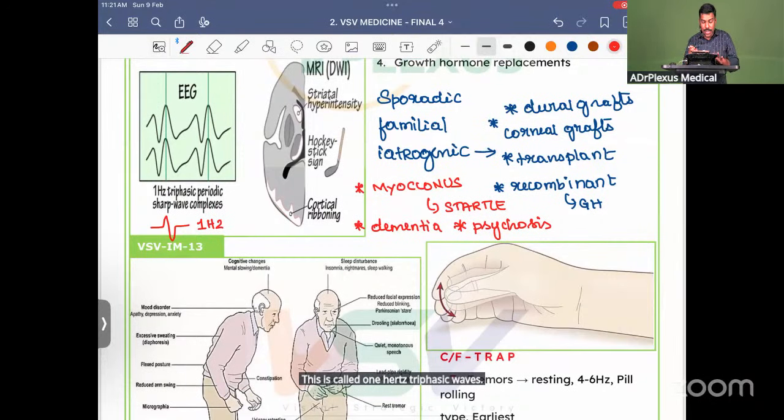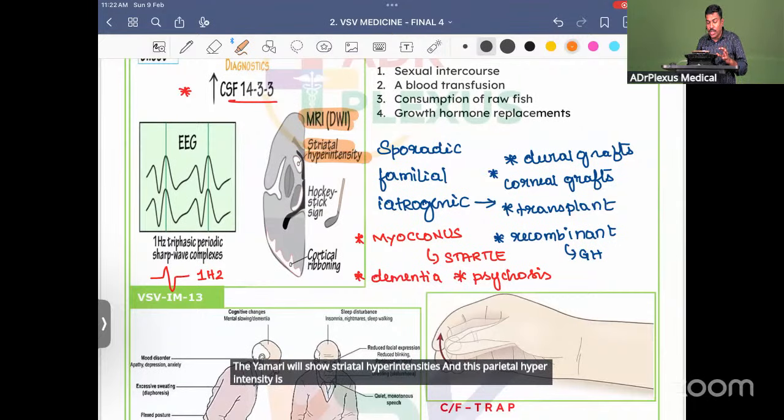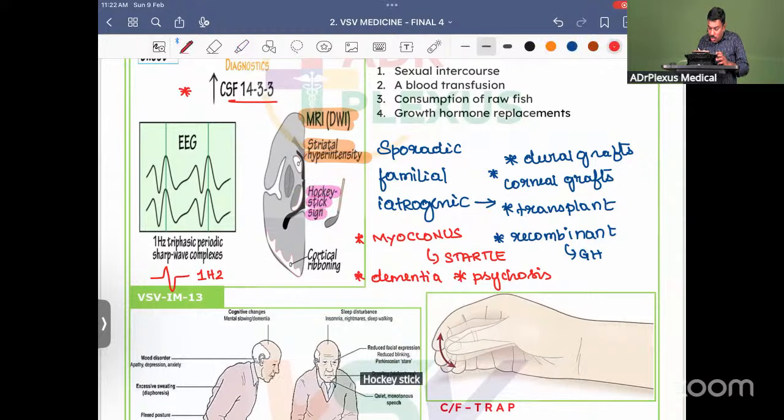Then the next thing is you can go for an MRI. The MRI will show striatal hyperintensities, which is going to be seen over the putamen as a hyperintensity, and that is called the hockey stick sign, or it is also called the pulvinar sign.